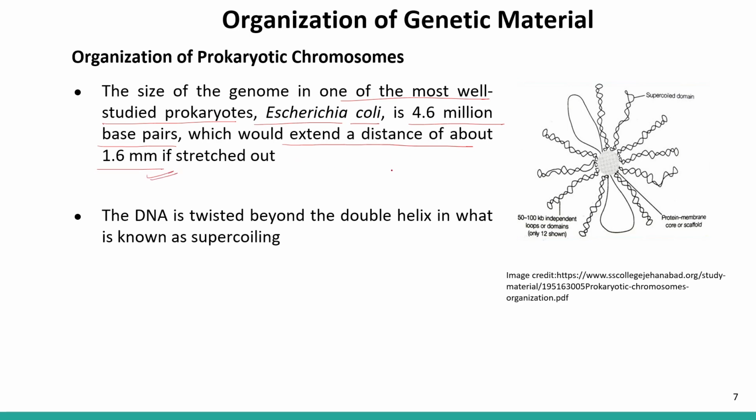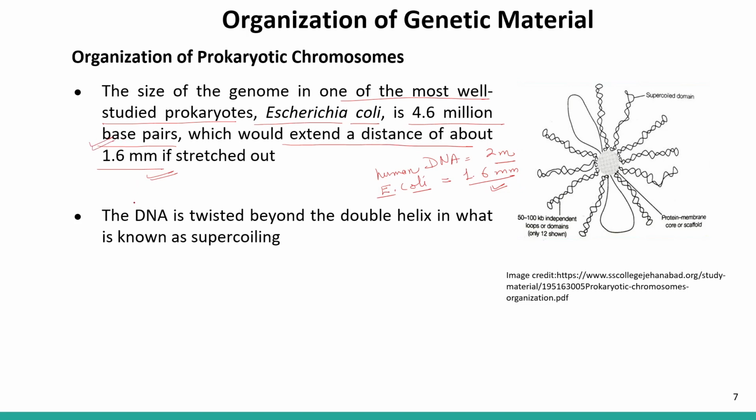When we stretch out human DNA, it is around 2 meters, and when you stretch out E. coli bacteria, it is 1.6 millimeters. Now you can compare how small it is. But still, it is an entity, a species of bacteria, E. coli, having 4.6 million base pairs.